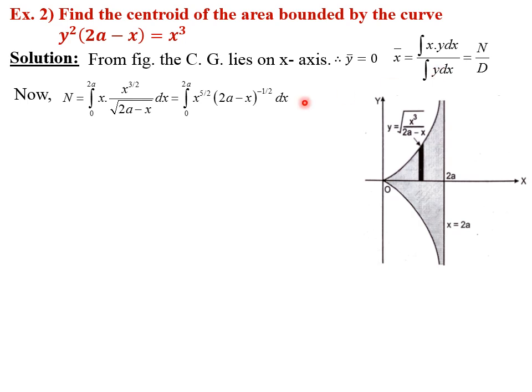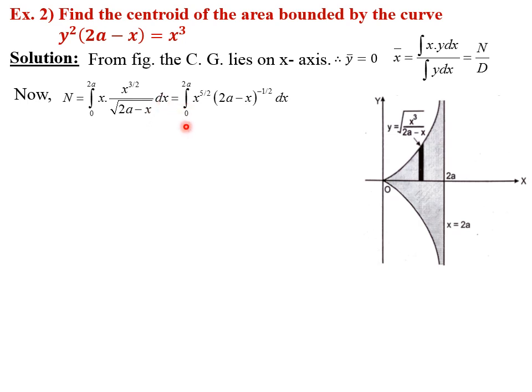So now n is equal to integration from 0 to 2a. As you can see, we are going to integrate with respect to x, and in this region x varies from 0 to 2a. So we have taken the limits as 0 to 2a, x as it is. Now instead of y, we put the value of y from the given equation of the curve, x raised to 3 by 2 upon under root of 2a minus x, dx.